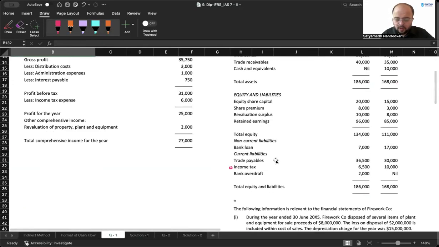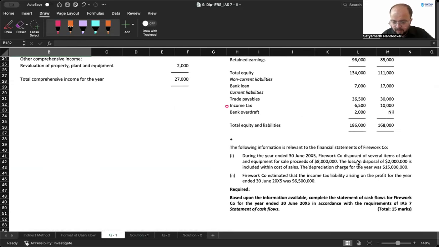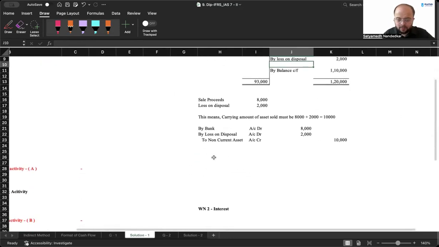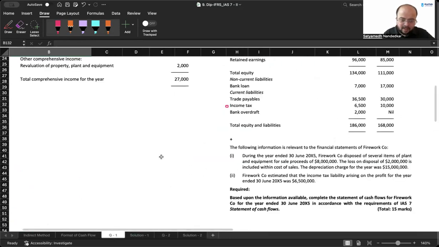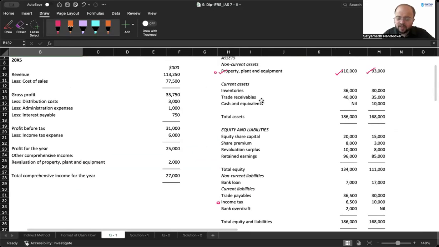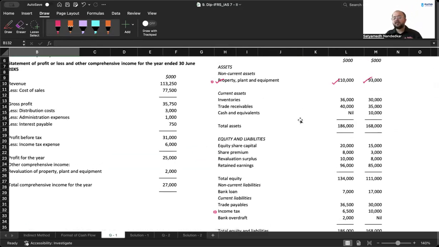Okay, so you have taken care of this, and then depreciation charge was 1.5 crore. So what will be the entry? See here, if you observe the asset side, they have not shown accumulated depreciation separately, which means the asset is already at its carrying amount.